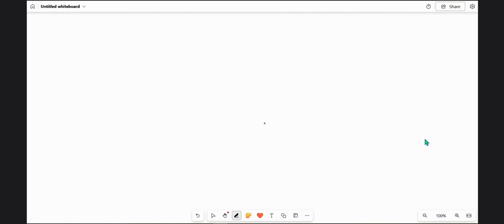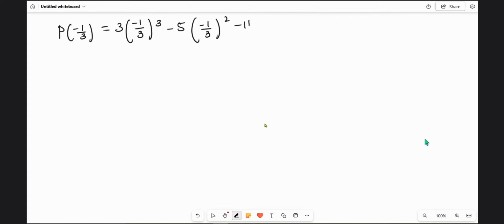Now P of minus 1 by 3. What answer are you getting? 0 you are getting. So 3 into minus 1 by 3 whole cube minus 5 into minus 1 by 3 whole square minus 11 into minus 1 by 3 minus 3. So what you will get here?